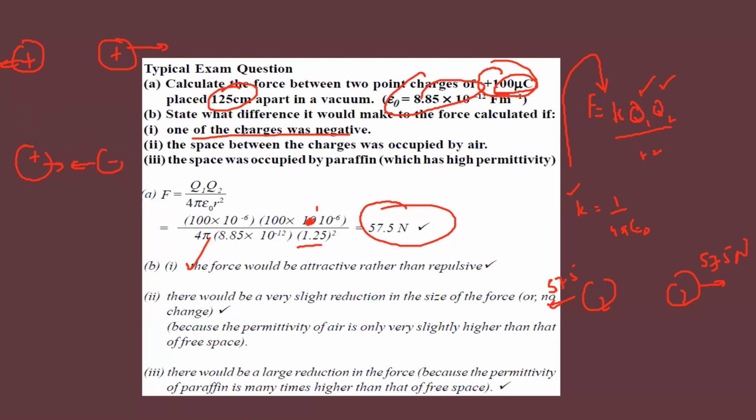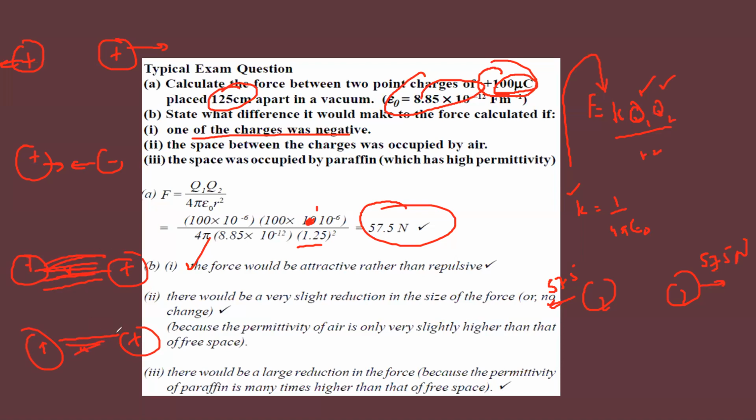Then the space between the charges was occupied by air. What will happen? If you have two identical charges, or two different charges with the same magnitude, in the beginning a vacuum is there and now air. Vacuum means nothing is there, so it allows a greater number of field lines to pass.